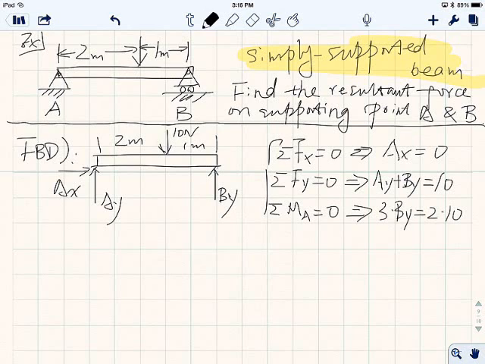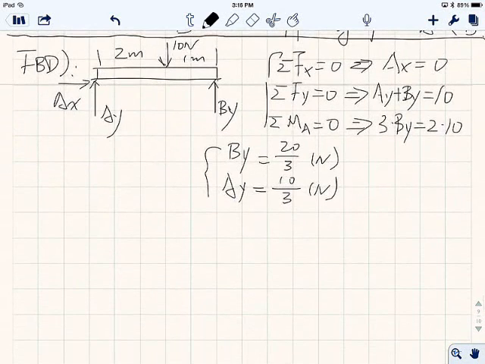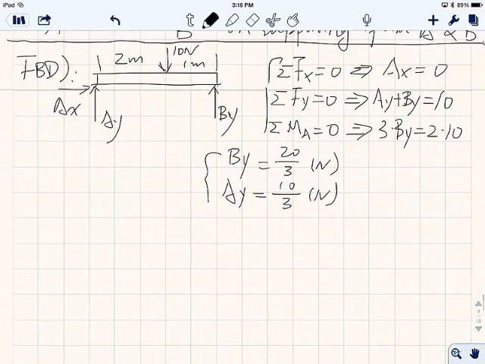So we know BY is 20 over 3 newtons, and AY should equal 10 over 3 newtons, and that's it. That's how we solve a simple problem like this, right?